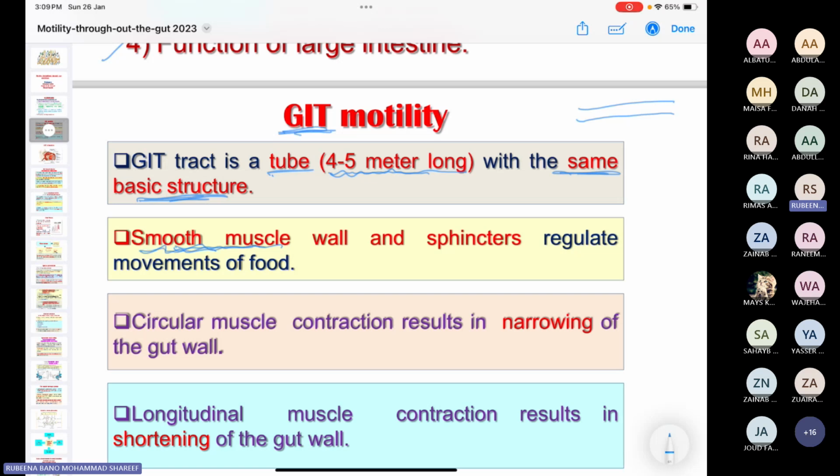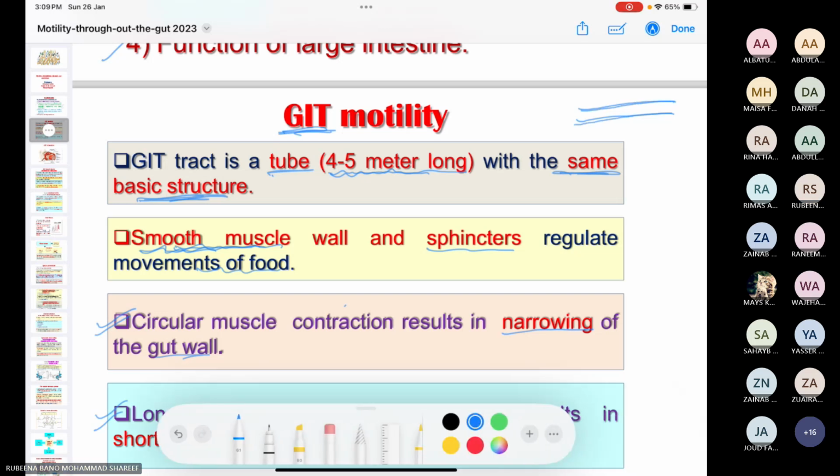It consists of smooth muscles and sphincters, which regulate the movement of food. As I said, it has 2 types of muscles, circular and the longitudinal, right? So circular muscle, when it will contract, what will it do? It will narrow the gut wall. See, this is the gut wall, right?